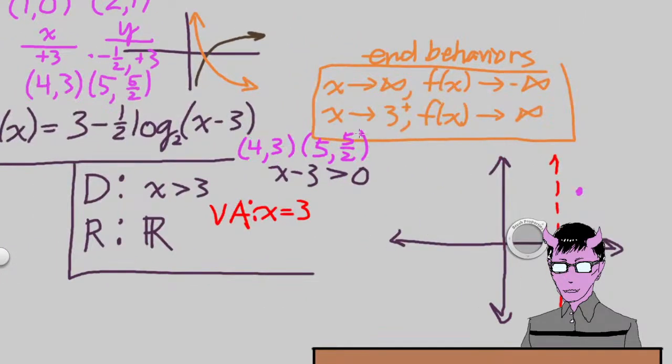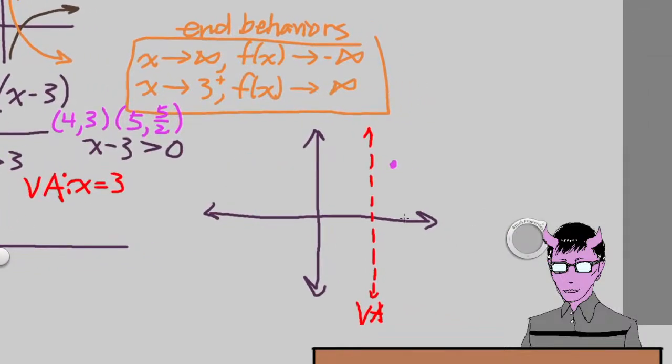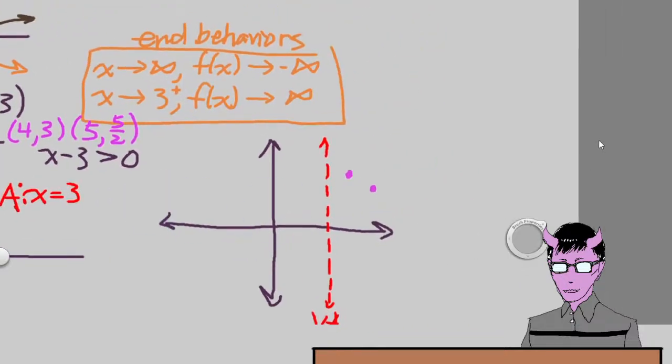Anchor point number 1 is done, and anchor point number 2 is (5, 5/2). This is 4, so this is 5. What is this? That's 2.5, right? So it's below the 3. So 1, 2, 3. So this is half.